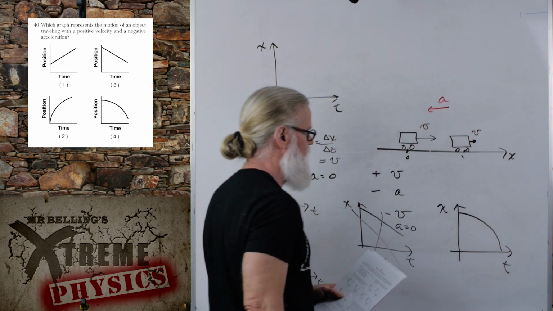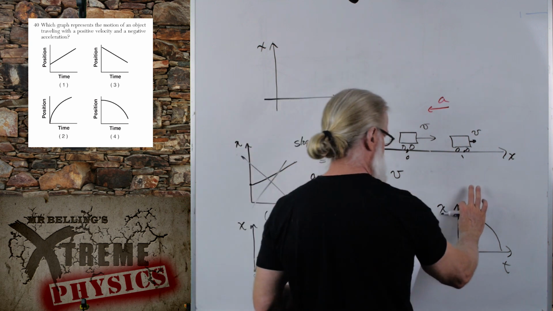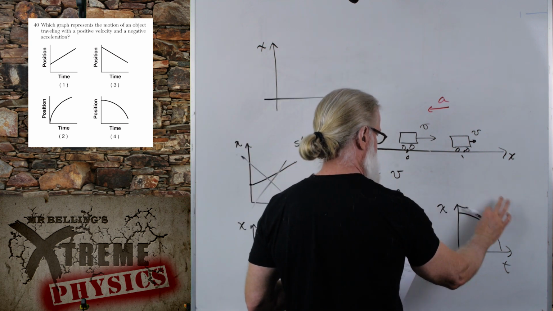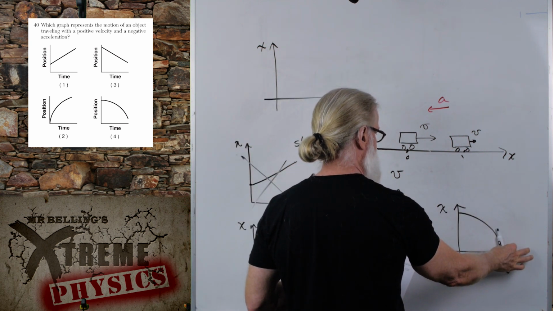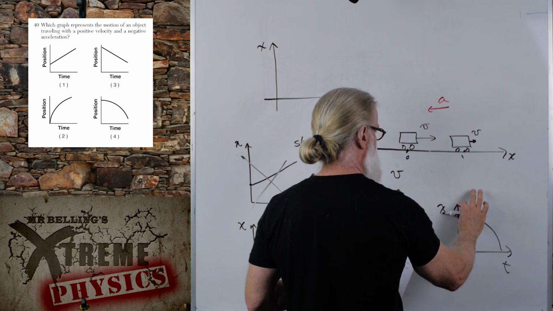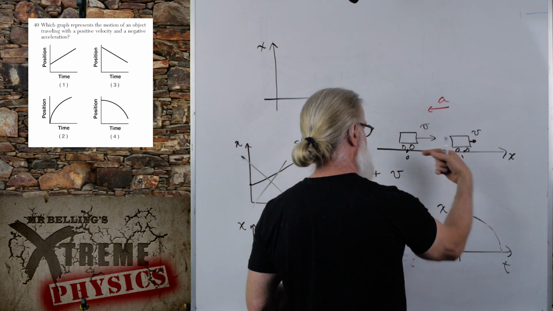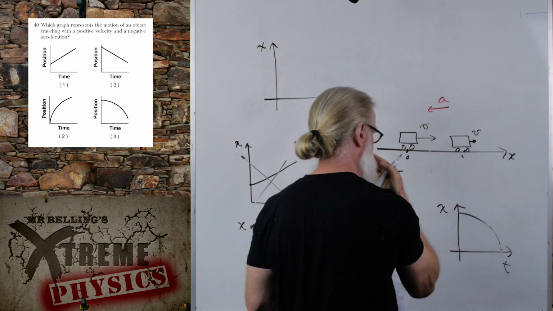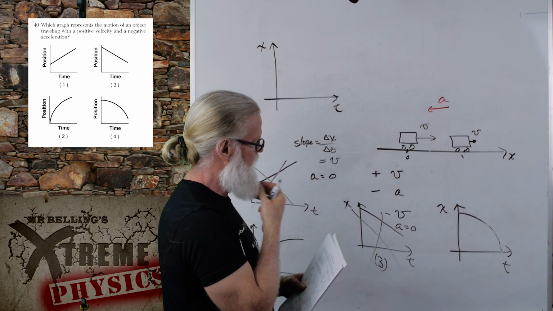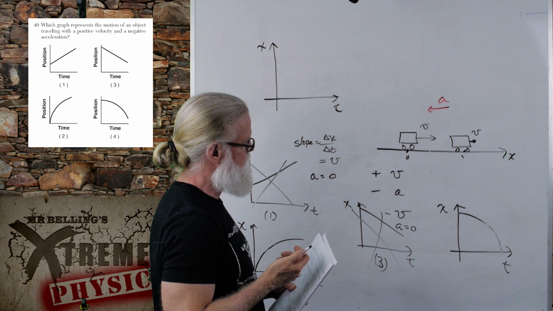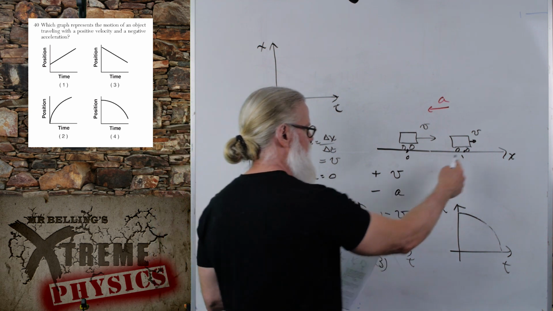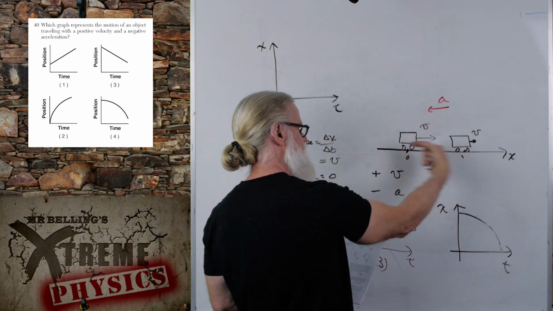Oh, look at that. This thing starts off with 0 velocity, and it's going fast at the end. But the slope is always negative, so this is a negative velocity. It's starting out with a positive value and then going to 0, so it's going that way.